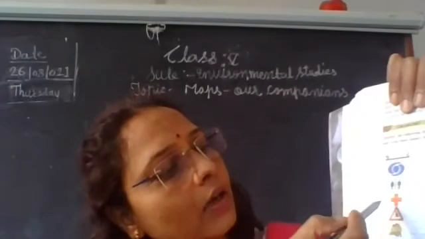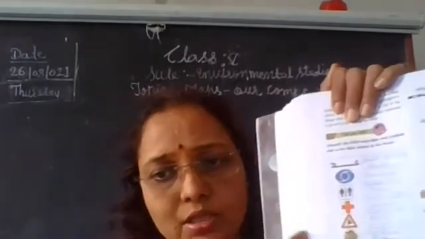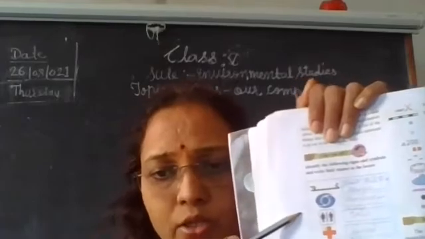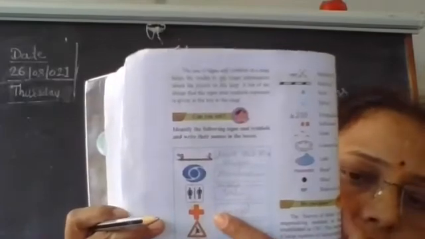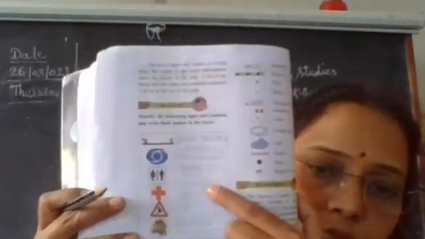Then a girl and boy are given here, so you see this symbol usually on public toilets. This is the public toilet. Then this plus sign is the symbol of a hospital. And the next symbol, in a triangle, a boy is running.